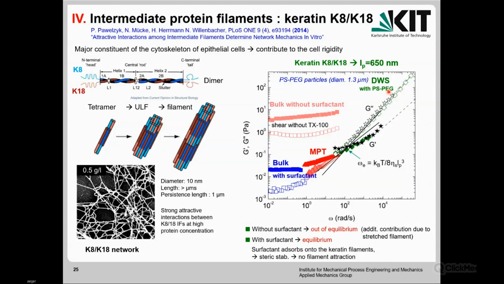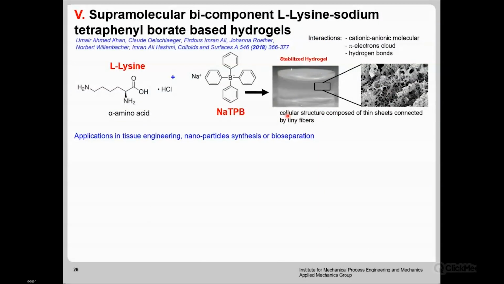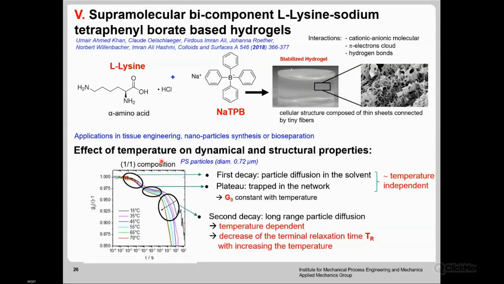Last example, we also investigated an amino acid. This L-lysine mixed with a salt can form such hydrogels. And here the DWS was used to study the effect of temperature on this type of gel. We plotted the variation of the correlation function measured using DWS as a function of temperature.